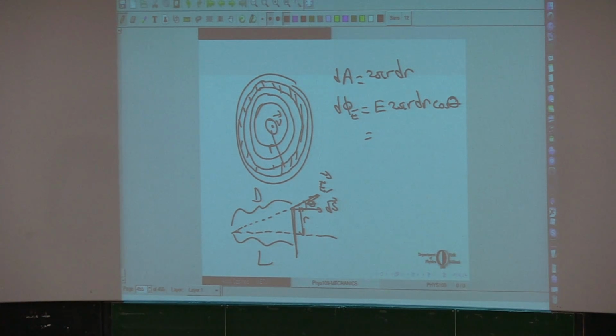So the magnitude of the electric field is 1 over 4 pi epsilon 0 q over d squared. Now I have 2 pi r dr, and then cosine of this angle is nothing but L over D. So this is equal to 1 over 4 pi epsilon 0 q.